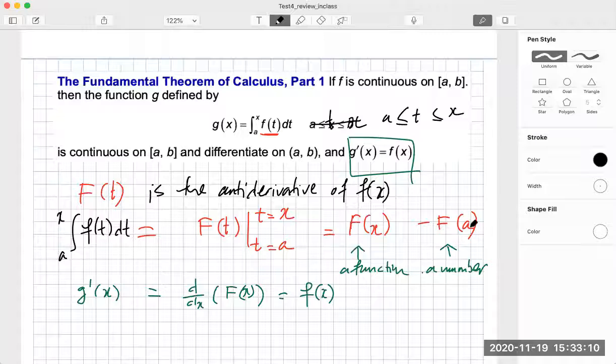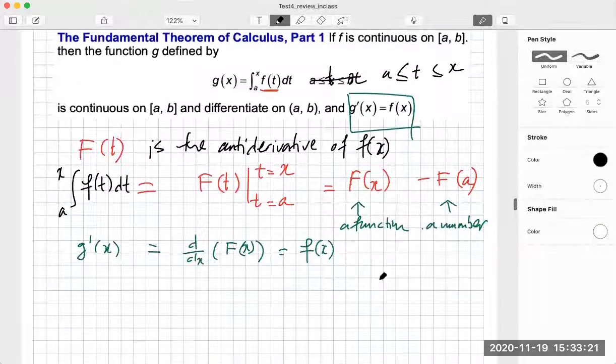Here, a is a value, a number, and x is a variable, so capital F of x here becomes a function. If it is a function, then we take the derivative of g of x, where g of x is this guy, right?